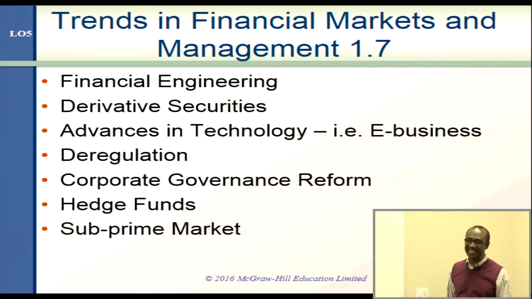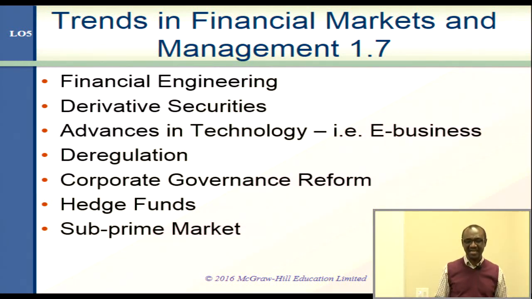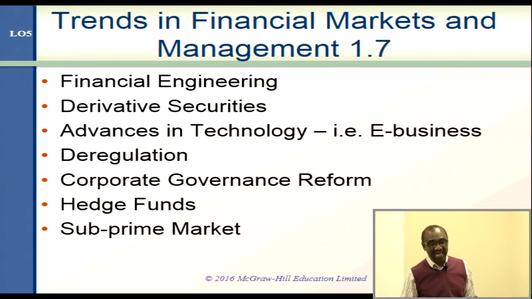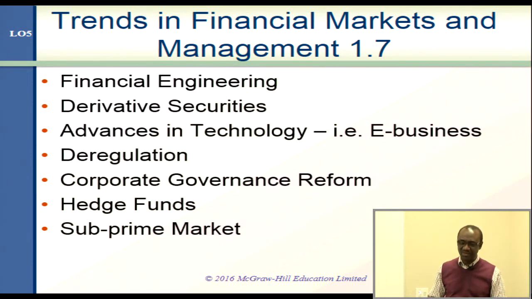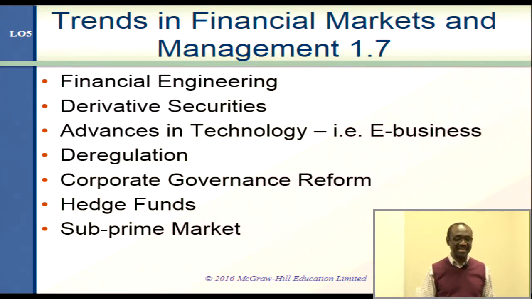The subprime market is typically for those who are not able to meet the stringent credit rating for the prime rate. And as such, this is typically for those with not so good credit ratings, and the subprime market targets that particular market. So having said all this, that's the end of the chapter.